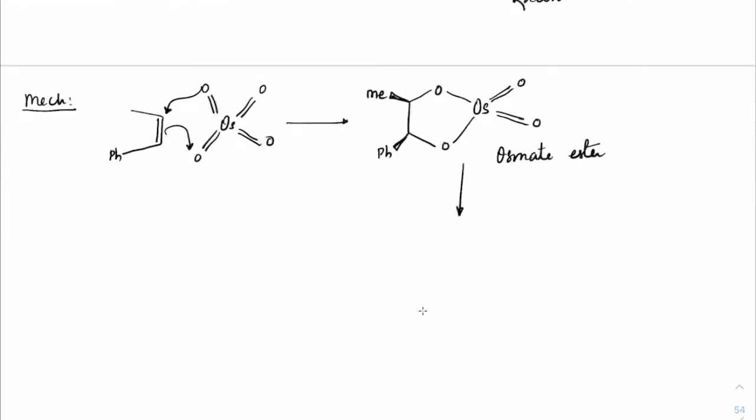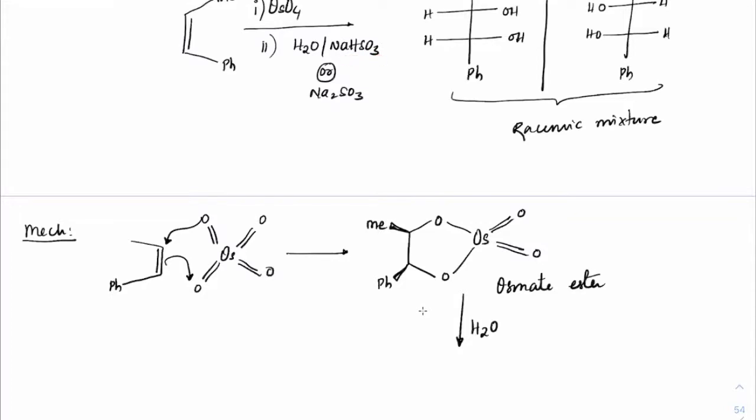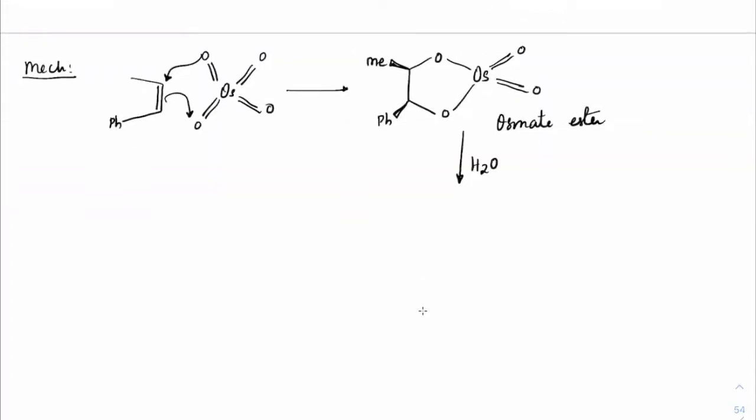This osmate ester on hydrolysis in slightly basic medium, NaHSO3 slightly basic medium here, would help it to form the diol. OH group will come here, and imagine this, H2O attacking on osmium two times. Got it.